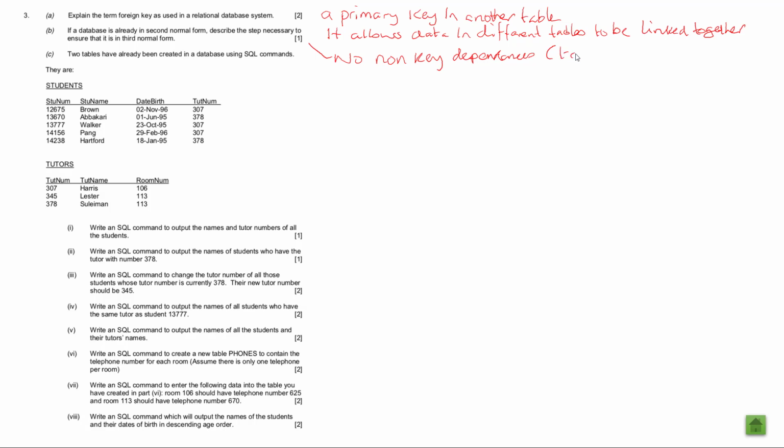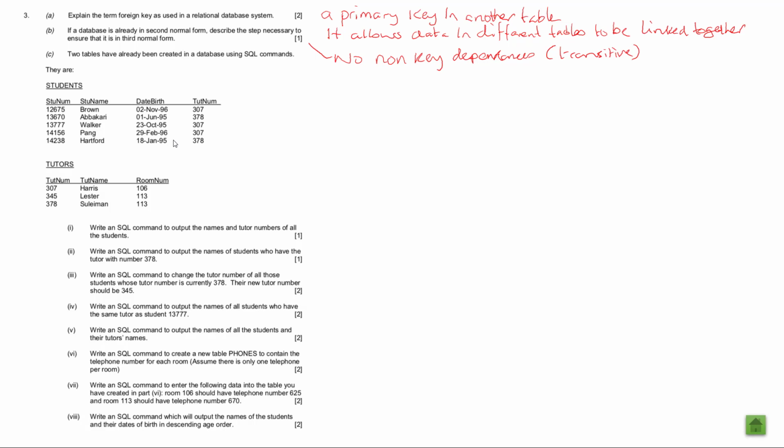And sometimes, if you've not heard of the word, we call them transitive dependencies. Okay, or if you don't know about those words, you could just say, ensure that each attribute or field column depends only on the primary key, right? Only on the primary key.